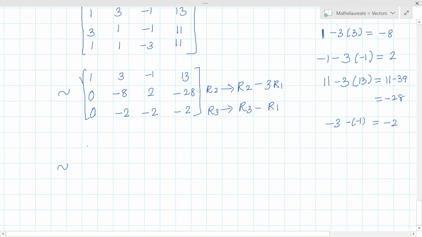So no changes in the first and second row, so you write as it is: 1 3 minus 1 13. 0. If you want, you can divide by 2 also, because all are even numbers. You can divide to reduce it. I'll take as it is: minus 8, 2 and minus 28.